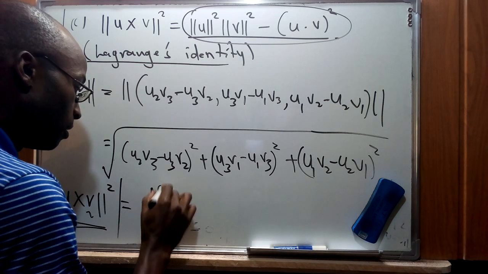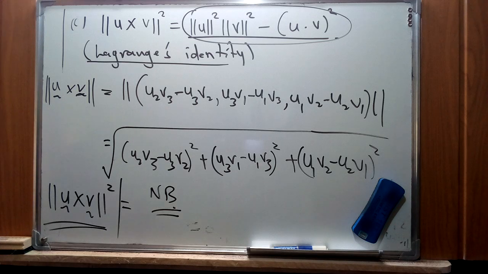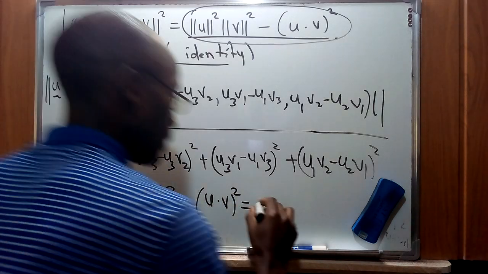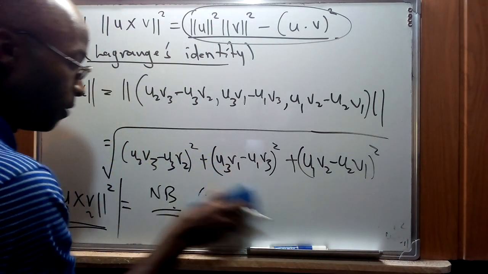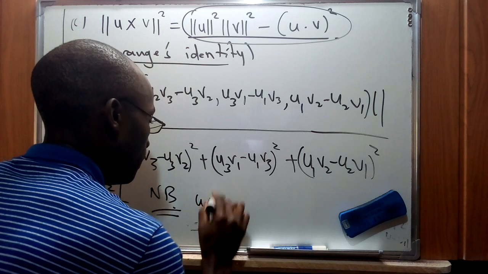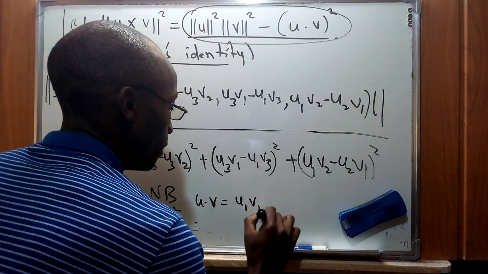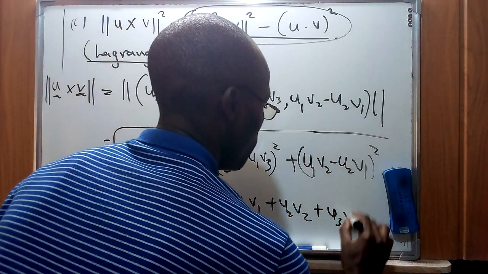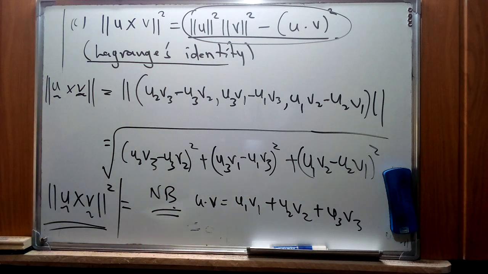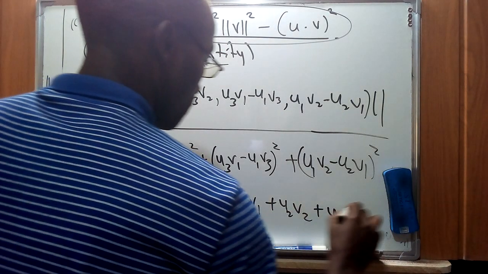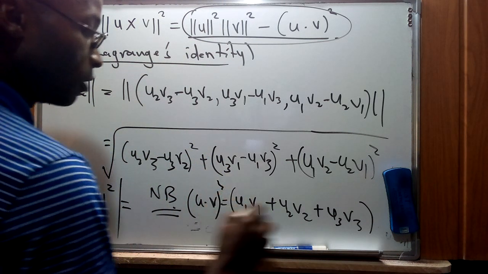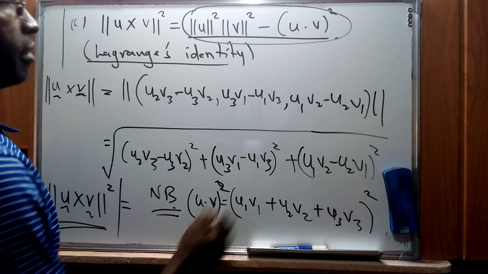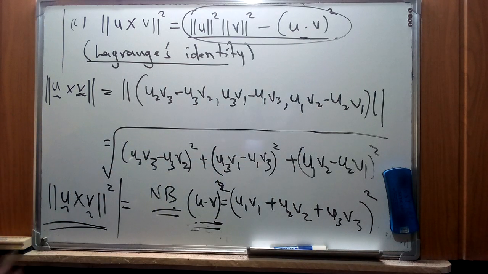But note that we had already discussed the concept of U dot V being given as U1 V1 plus U2 V2 plus U3 V3 for those specific vectors that we have listed in a three-dimensional space for U and V respectively. So suppose we square this, then we also have the square of this specific point. That implies that this is going to give us the second part of this specific identity.